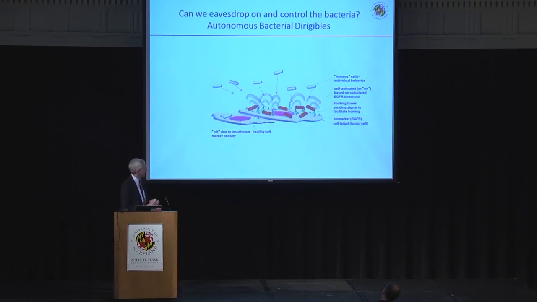So the idea would be, can we build cells that would recognize the EGFR, and then based on the concentration density of EGFR on the cancer cell, which is not high on the normal cell, take an action by making a drug. So here the nanofactory really is the cell, not a little actual device.